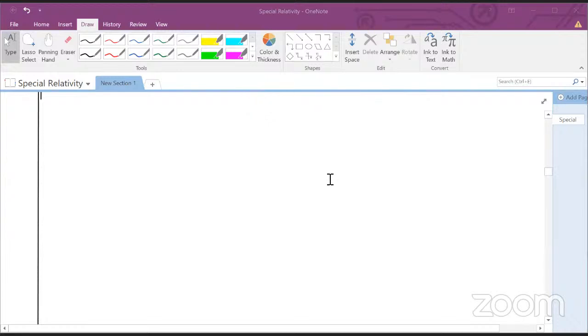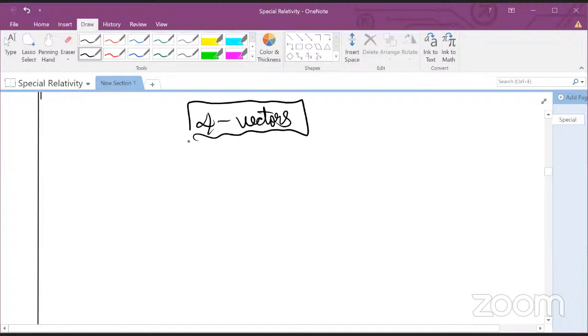Now we will come to something called four vectors. It is fairly an important concept. Special relativity deals with four variables: three variables of space x, y, and z, and one variable of time.